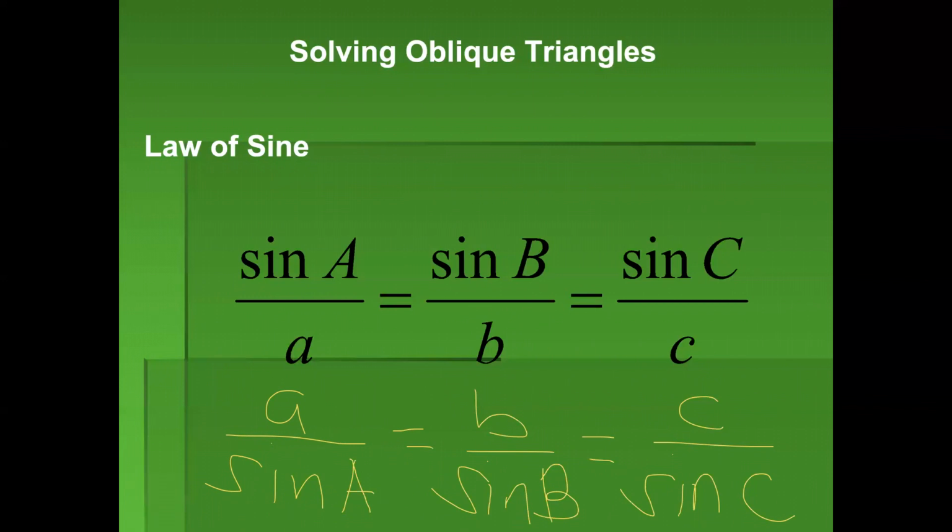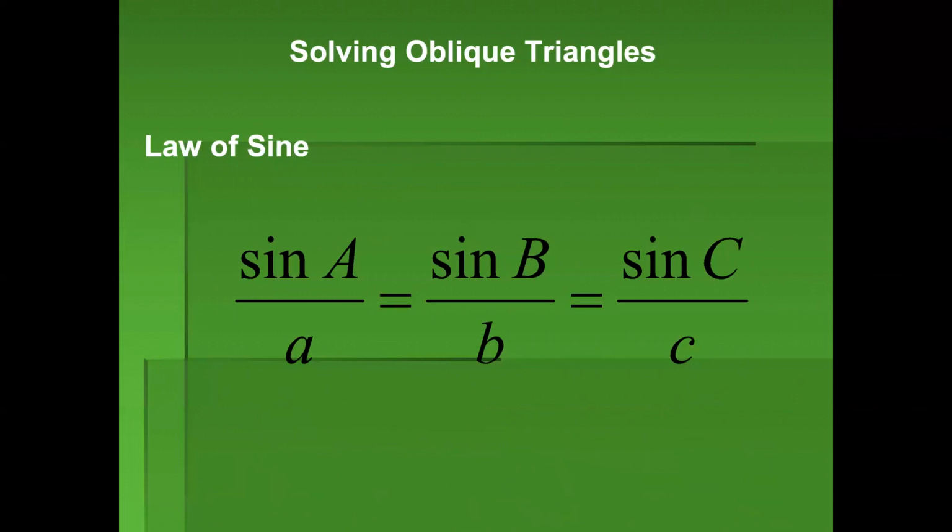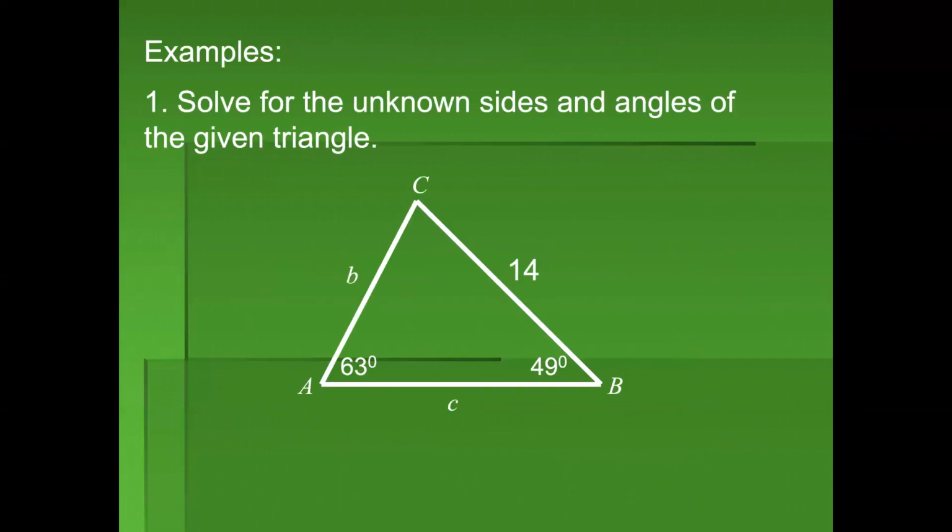So let us now discuss how to use this formula. Suppose we are given this triangle and we are asked to solve for the unknown sides and angles of the given triangle. Notice here that the given triangle is an acute triangle wherein we don't have any right angle. So we will use the law of sine in order to solve this triangle.